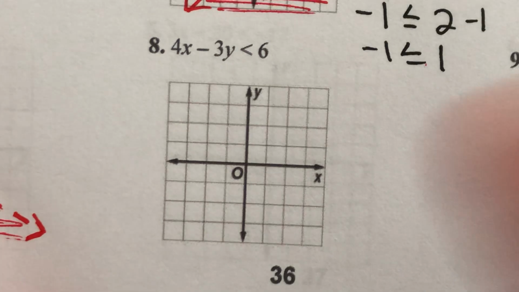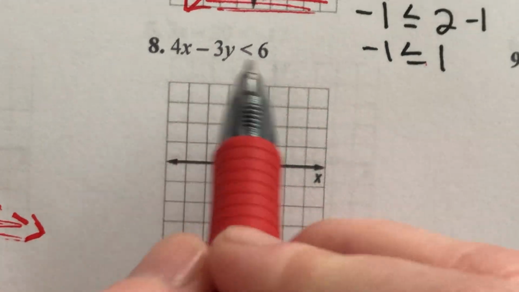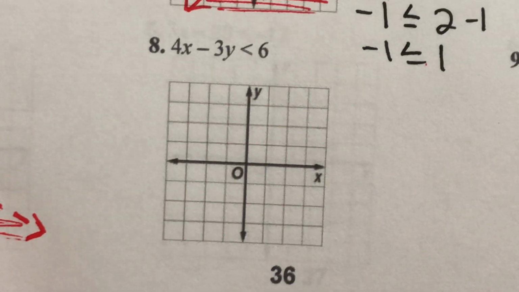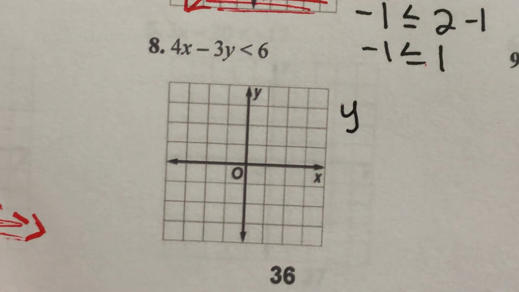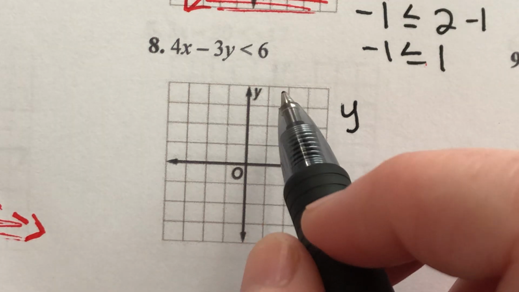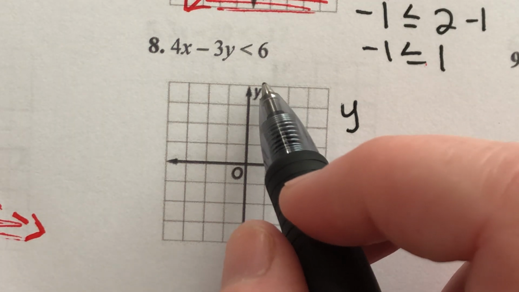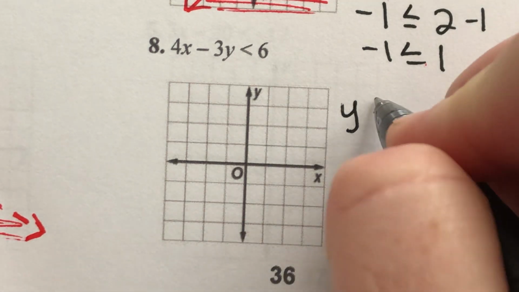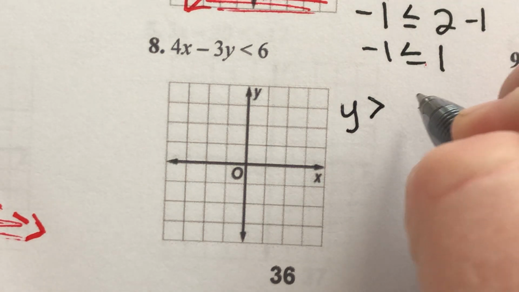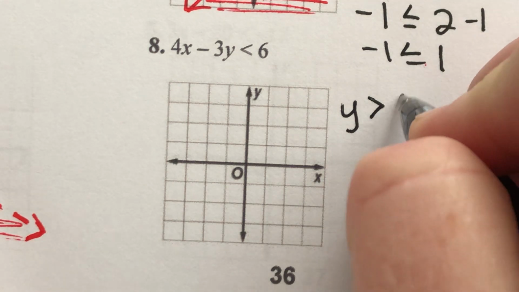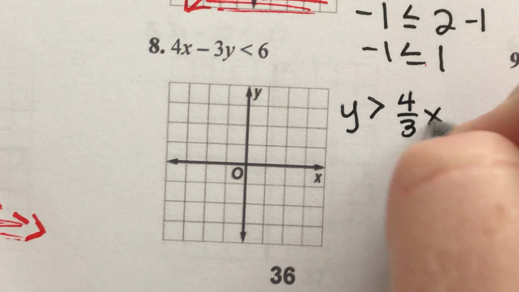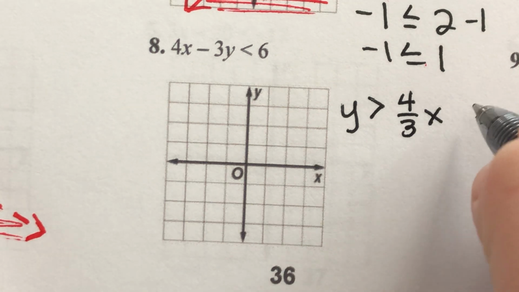All right, and we've got another line here. I'm going to go ahead and rearrange this to get it in the y equals mx plus b form. So if you do the math, it's going to be negative 4x plus 6. So this is going to flip, 4/3 x, and it was plus 6.